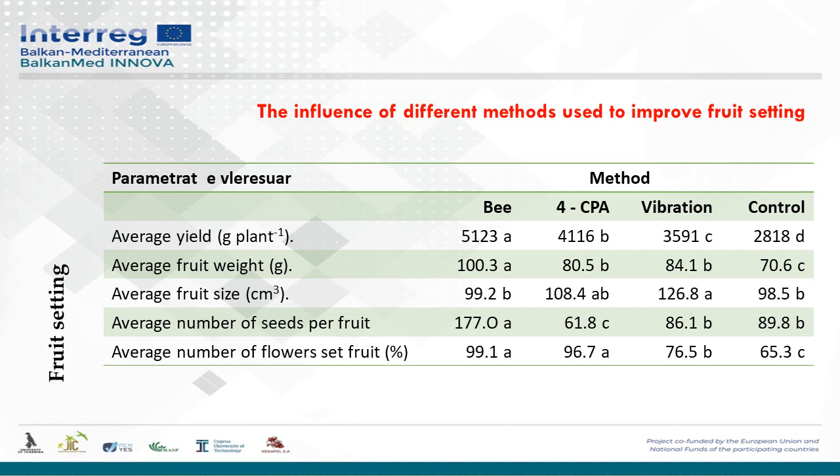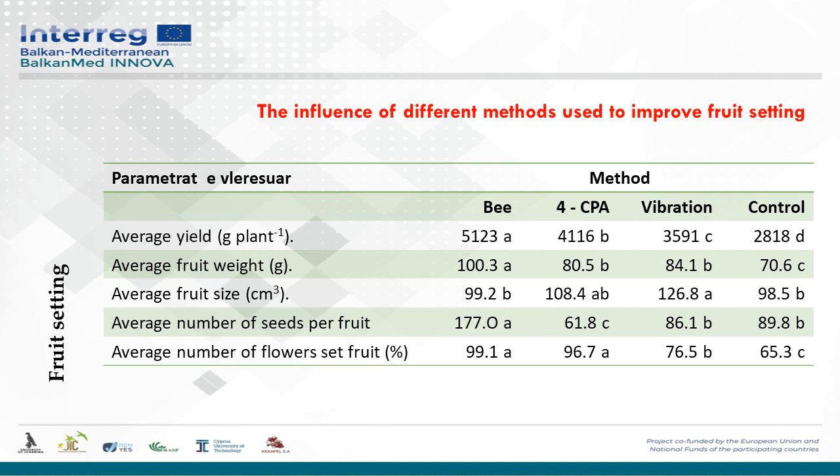You can see that in the control variant we have a very low average yield per plant, nearly 3 kilograms per plant, and this is a consequence of a lower fruit weight, only 17 grams per fruit, and a very low percentage. Notice this, it's only 65% of the flowers have set fruit.